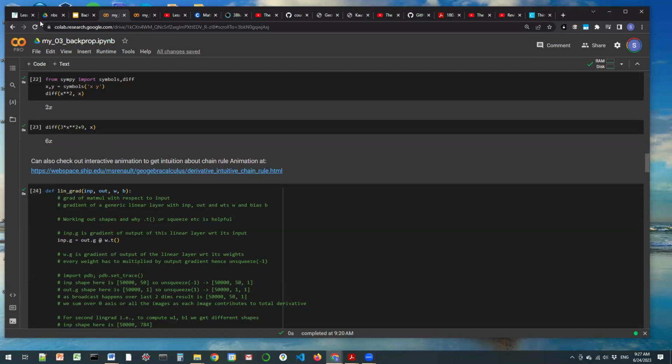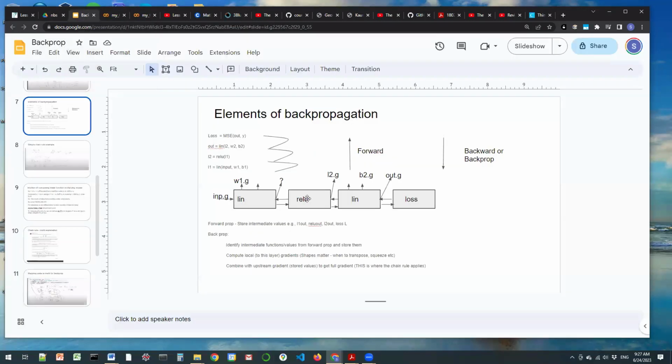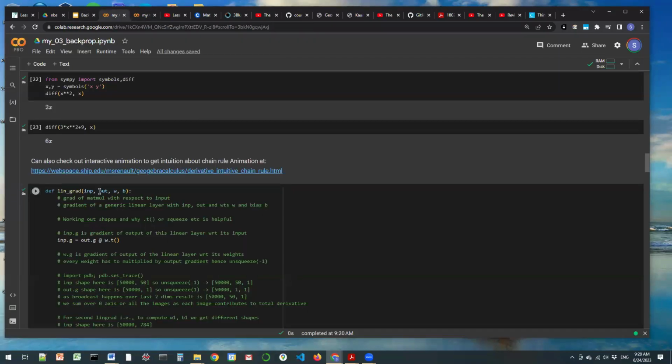Go back and check what it is in our diagram or in this equation. I left it as an exercise because it's important to write this down and figure it out yourself, but this second bottom arrow is L2. So the second linear layer has an input of L2. Its output is out. W2 is the weight, B2 is the bias. So remember this as we go through the equations here.